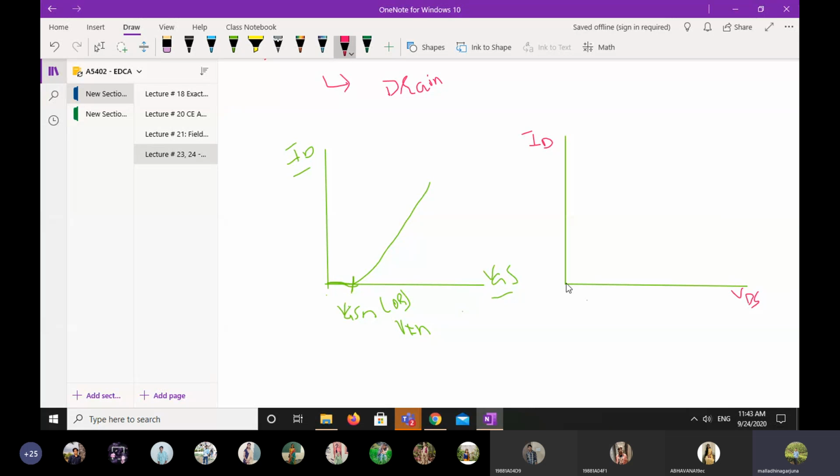When VGS is equal to 0, the current is almost 0. So this is for 0. When 1, 2, 3, 4 are applied like this, this is 0 volts, 1 volt, 2 volt, 3, 4. So these 0, 1, 2, 3, 4 are the VGS voltages. This is the transfer characteristic, and this is the drain characteristic.